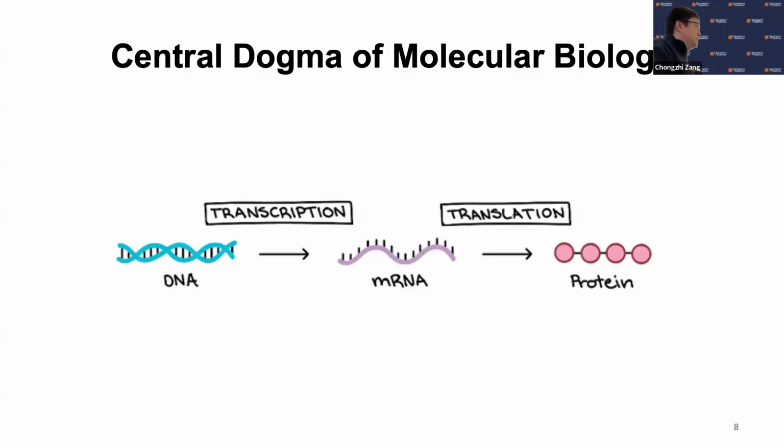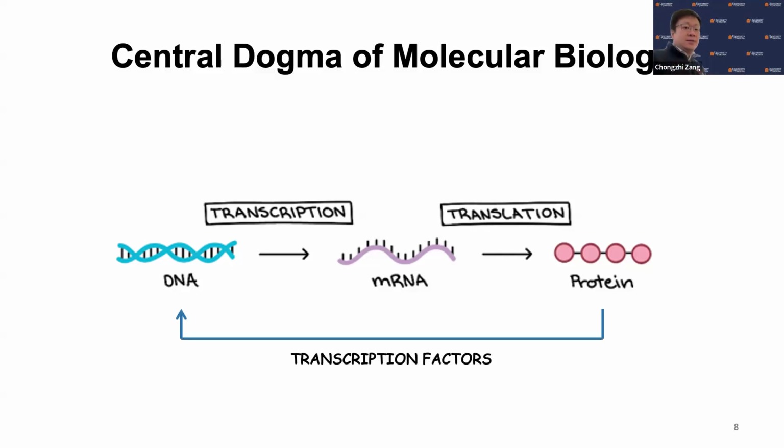But transcription regulation is especially important because this process forms an information feedback. Different transcription factor proteins have regulatory roles in controlling the function of DNA, and controlling when and how this genetic information should play a role in different biological contexts. So transcription factors complete the feedback of information in the central dogma.